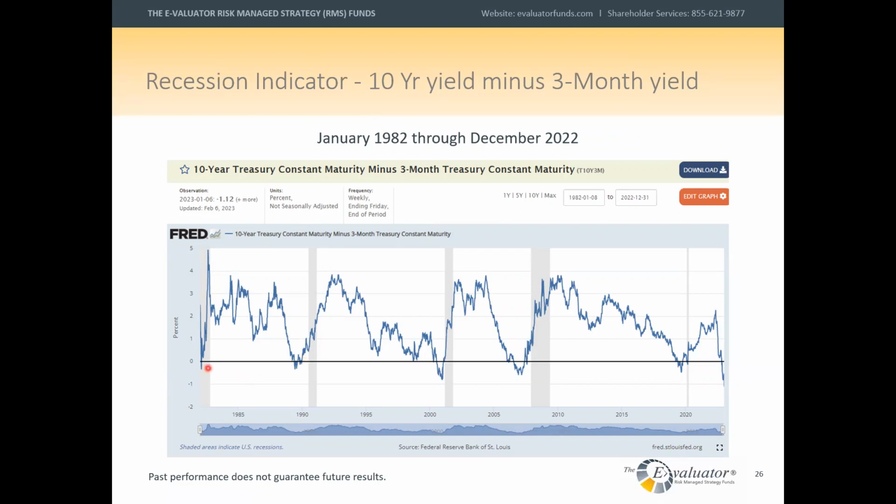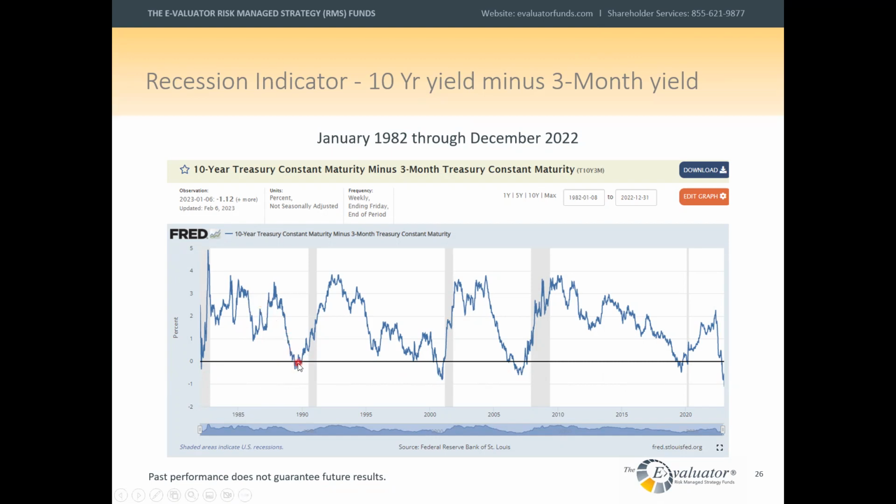And every time that blue line has crossed below zero, meaning the interest market has inverted, we have had a recession shortly after that. The gray bars represent recession, I'm sorry.